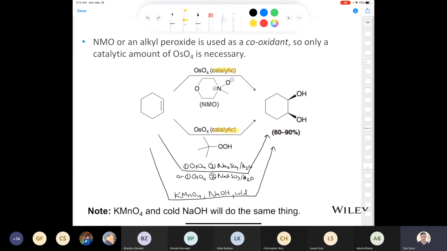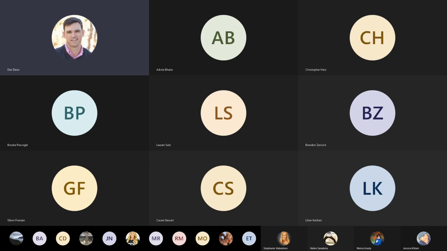All it means is that if you have something else in the molecule that's sensitive to oxidation, it's going to oxidize it, and then you end up in trouble. Can you use it on paper in this class? Hell yeah, go for it.